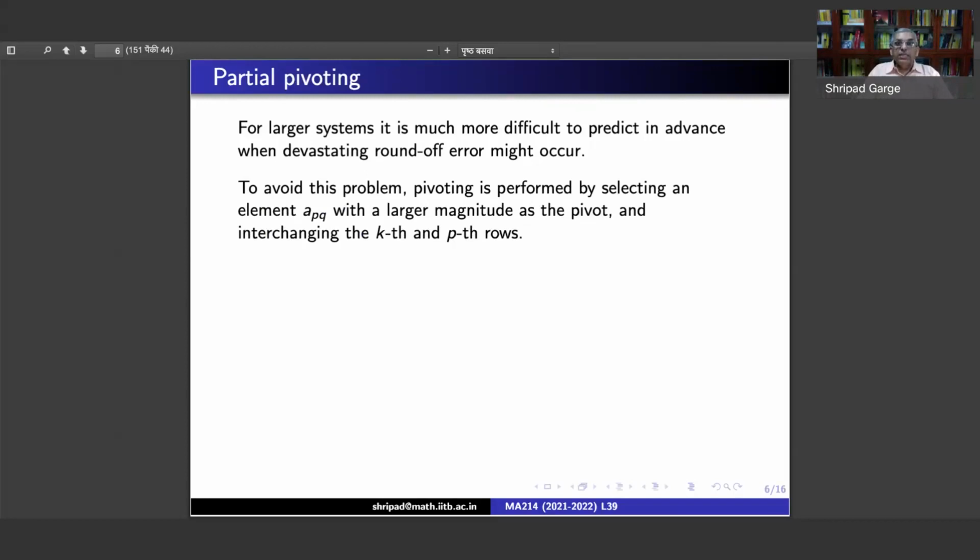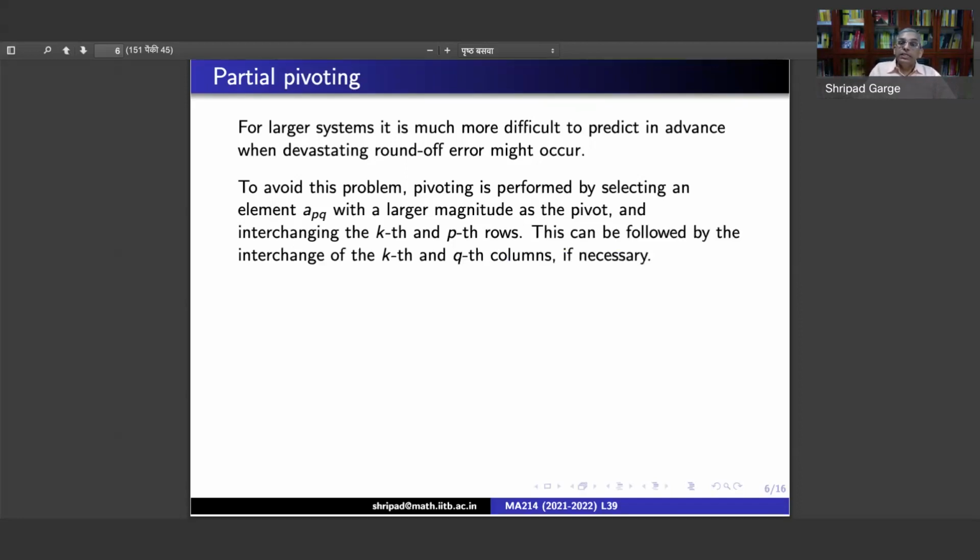So what one does is that in the remaining n minus k cross n minus k matrix, look at the largest magnitude element. And if that is in a particular row, then you replace your kth row with that particular row. But because now the larger magnitude element has gone to a further place, you will have to also interchange the kth and qth columns if necessary.